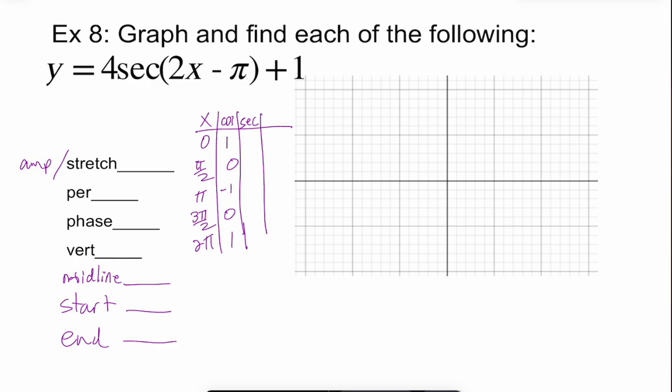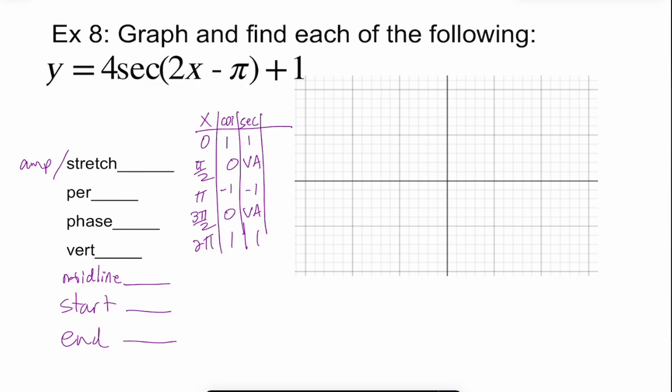So remember your cosine goes 1's on the 1st and 5th. The 2nd and 4th are always on that midline 0. And that's the down one. Okay. So let's flip those over. So the secant's always going to go 1, vertical asymptote, -1, vertical asymptote, and 1. Now you just got to keep that in mind as we graph these functions.